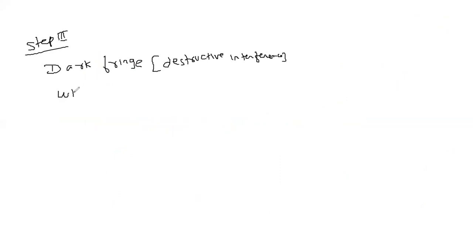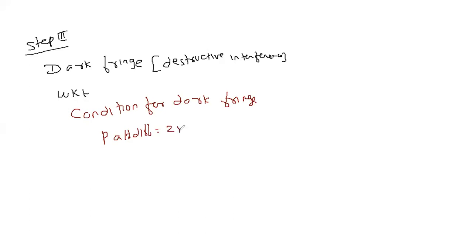So we know the condition for dark fringe: path difference is equal to 2n minus 1 lambda by 2.